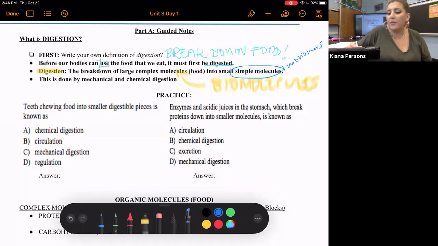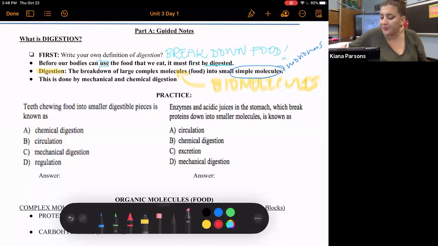And this is done by mechanical, so chewing, digestion, and chemical or enzymatic digestion. So most chemical digestion is happening either with very low or high pH fluids in concert with many enzymes.